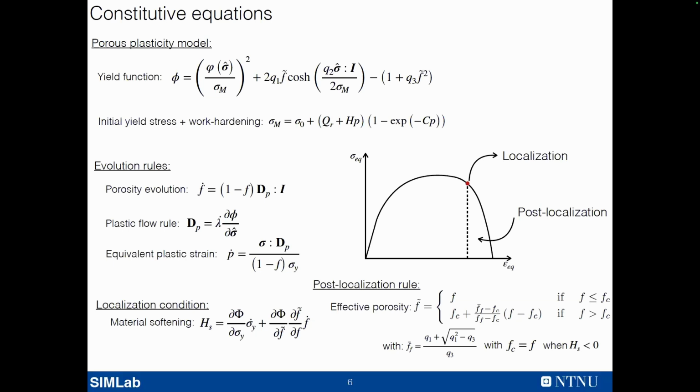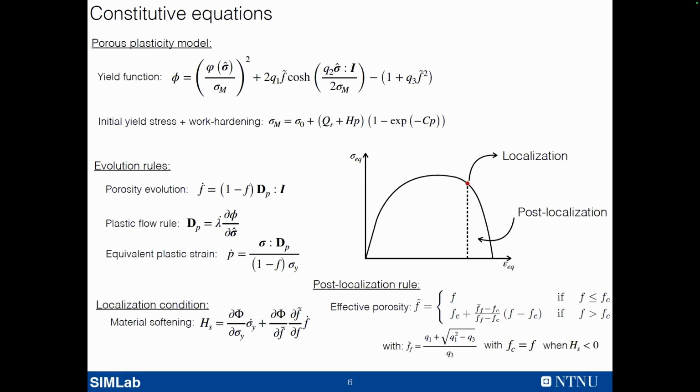In this work, we have considered only void growth, so we have neglected everything that has to do with nucleation and shearing of voids. And for the final failure, the last part of our model, we use a so-called softening condition to determine when coalescence should take place.